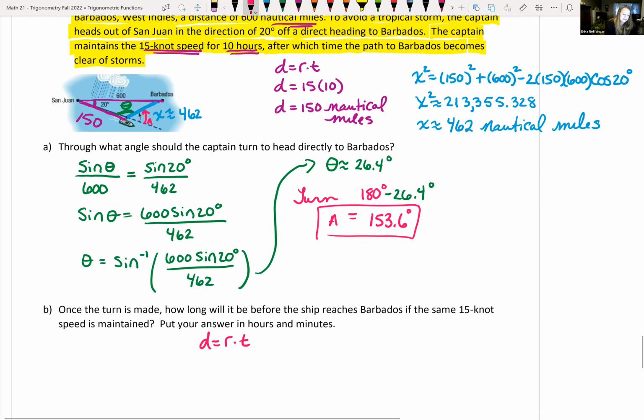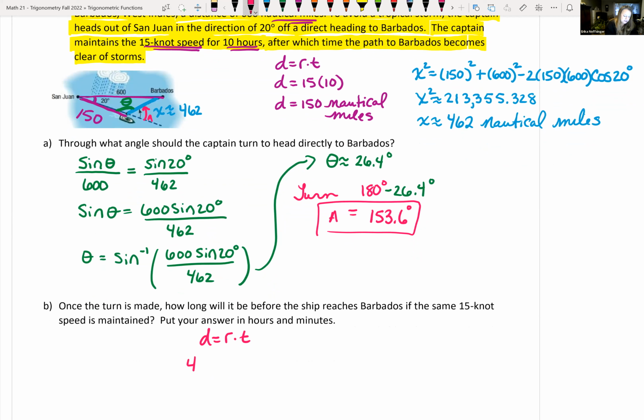We figured out what that distance was. That distance was 462 nautical miles. We're given that our rate is 15 knots, and we're trying to figure out the time. So we can divide both sides by 15. And we get that T is approximately 30.8 hours.